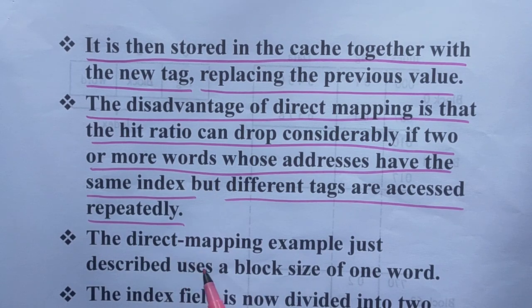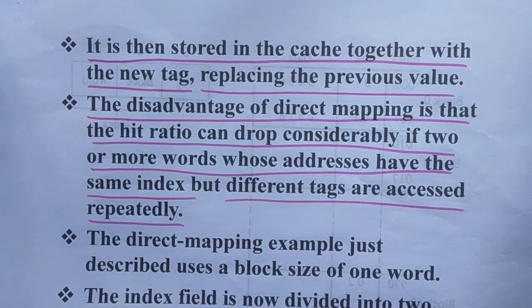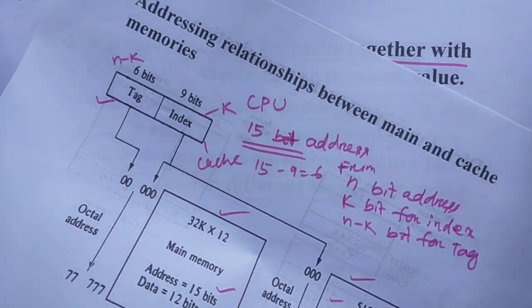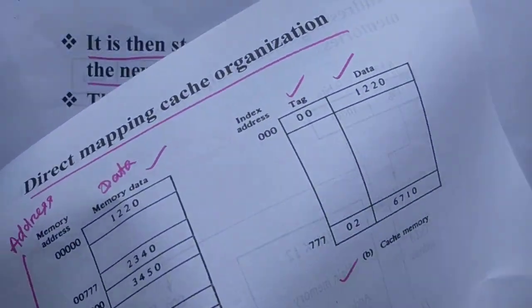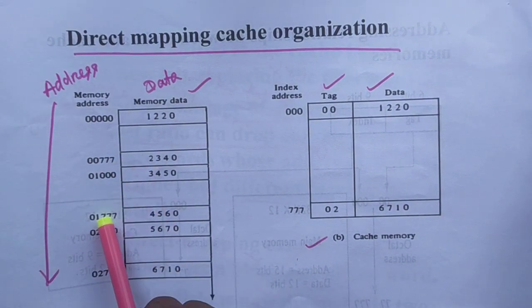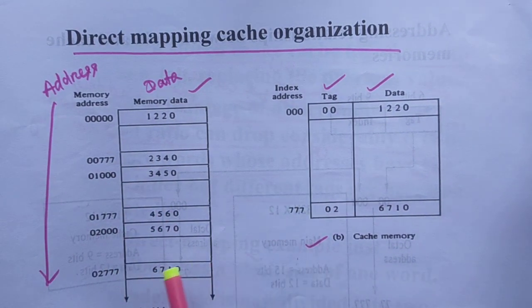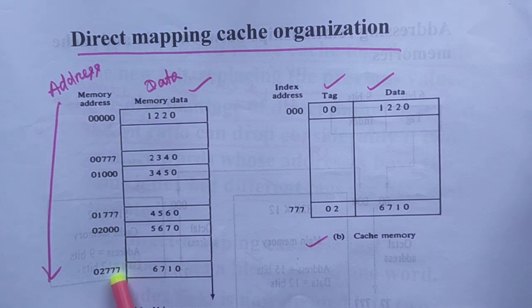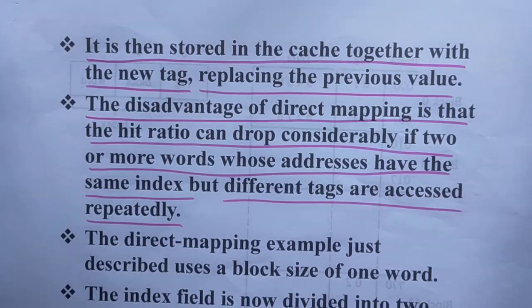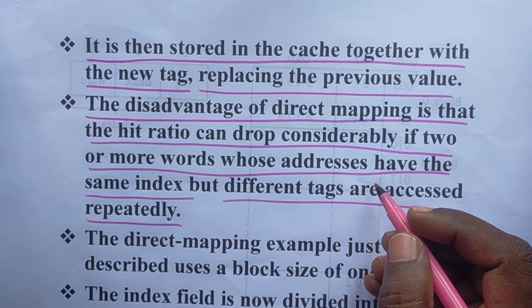We have already discussed this. You see, here the index is the same, here the index is the same, here the same index again, but the tag is different. Same index, different tag. Then some problem will arise.